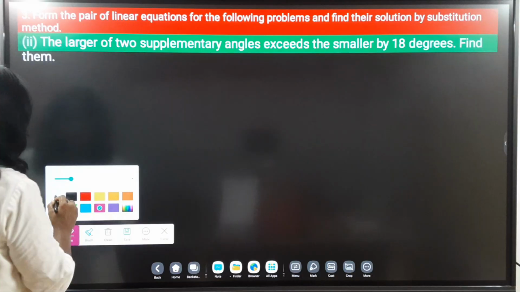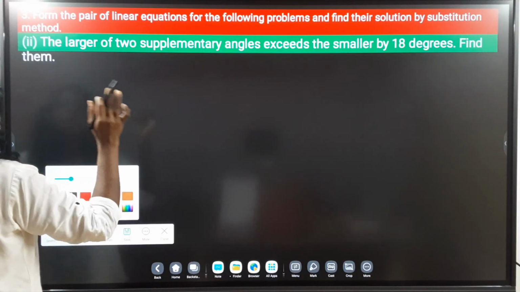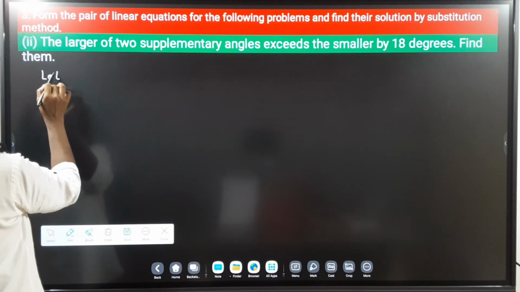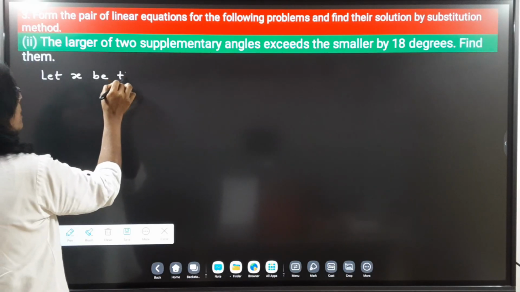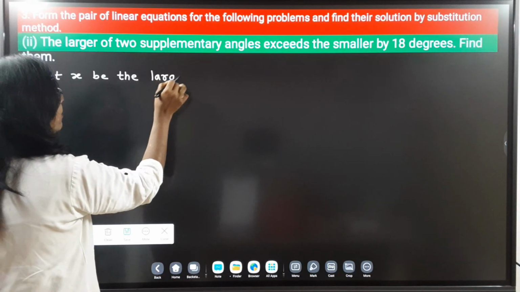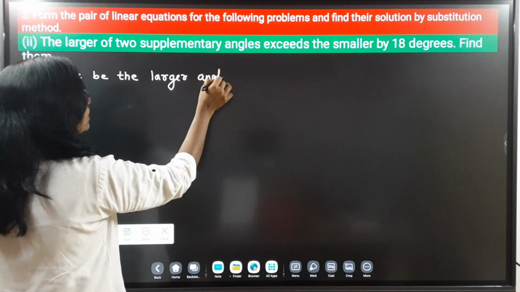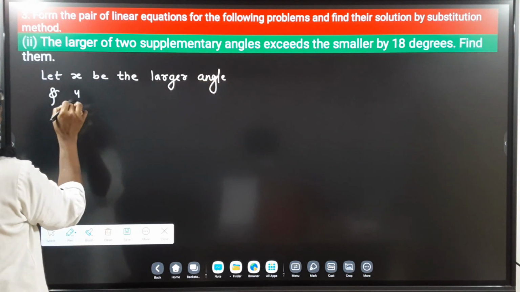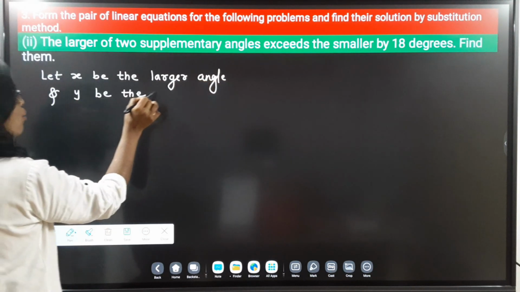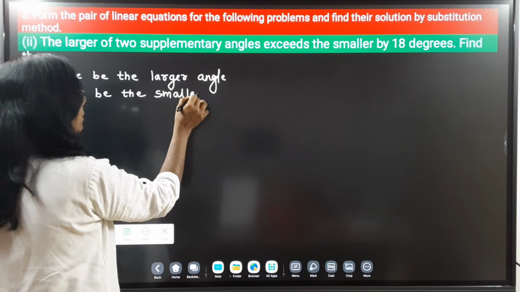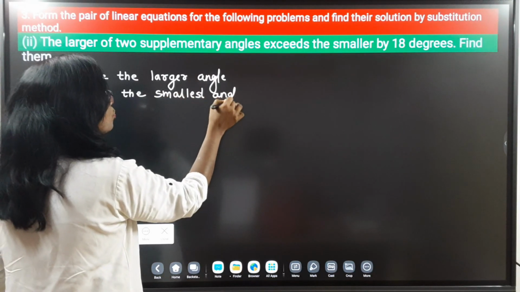So here is our assumption part. Let x be the larger angle and y be the smallest angle.